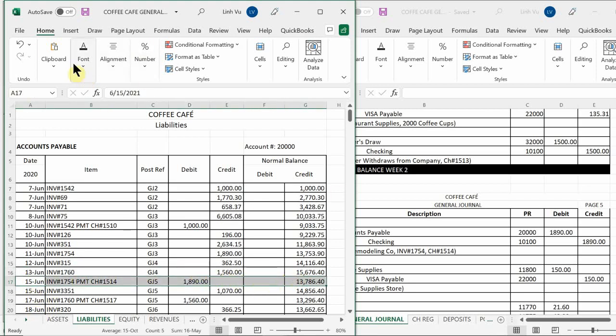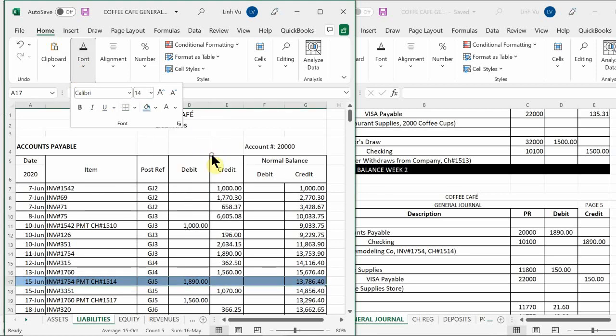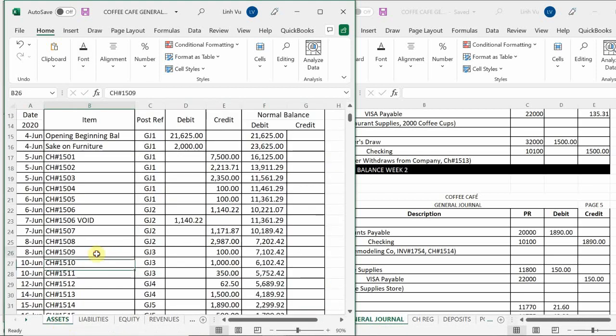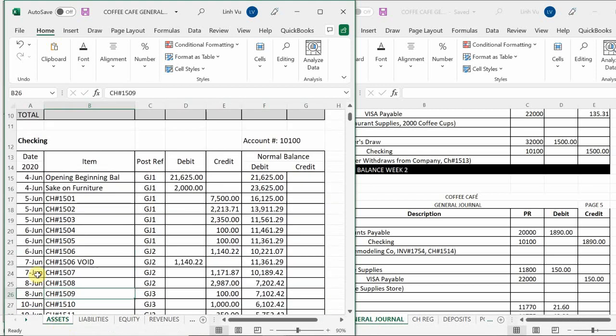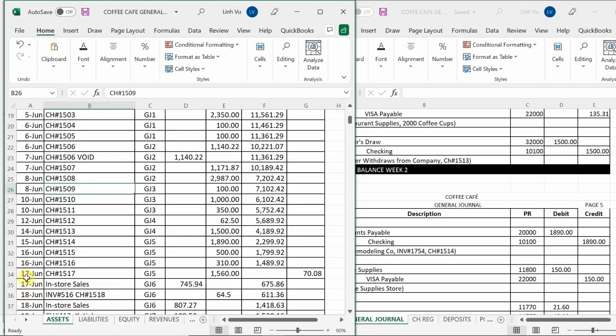Yes, so in this case, I'm just going to go ahead and highlight it just so then I keep track of where the transaction was. So I'm going to use this color. Okay. And we said we had checking for the 15.